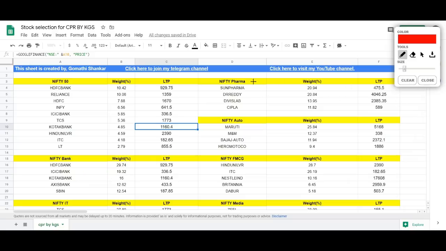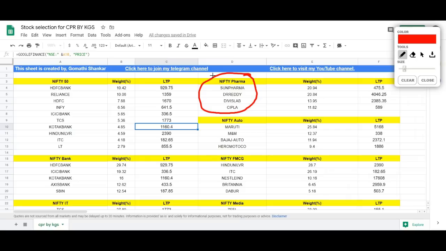Like this I have prepared for Nifty Pharma. Here, many of us traders are selecting stocks blindly. We are seeing the Nifty top 10 gainers, the top 10 losers, watching news channels and taking the stock, or following some Telegram channels and selecting stocks.